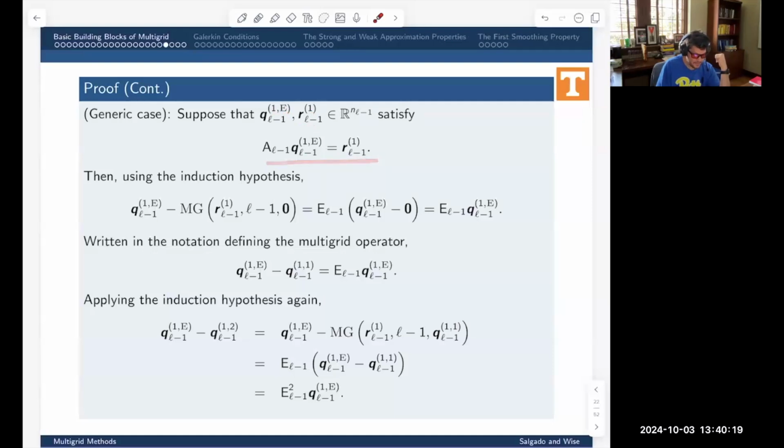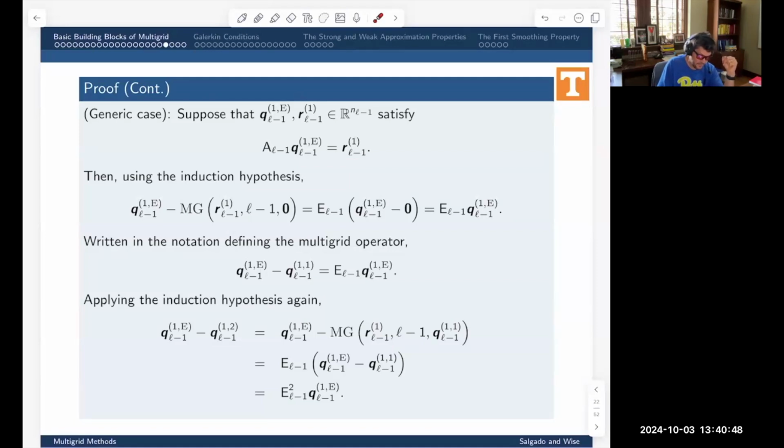Remember, this conforms to what we talked about earlier in the definition of our multigrid operator. This object here is what we call the exact coarse grid correction. The exact coarse grid correction, given that we have something like this, which is the residual. Now, this is actually the residual on L minus 1, the actual residual that I'll define momentarily.